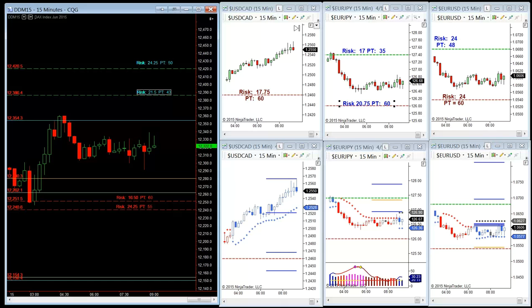Now, the one thing that we have in our favor potentially this morning, even on the DAX, is the 9:30 market opening. That 30-minute period on the market opening, you typically will get some kind of movement. Is it up? Is it down? I don't know.